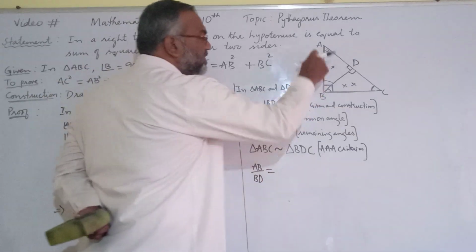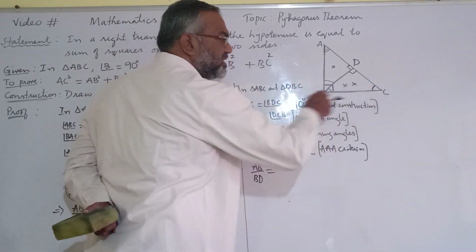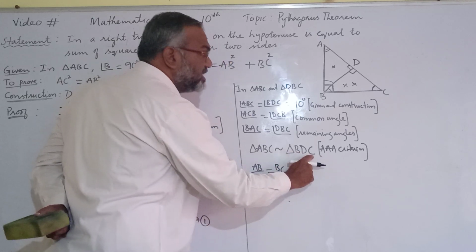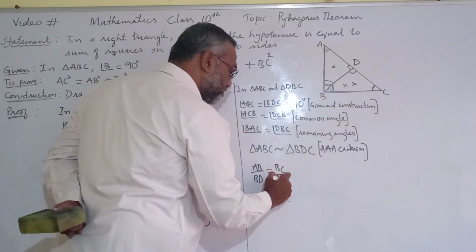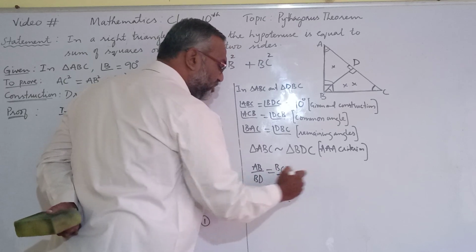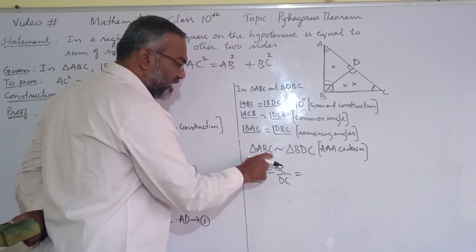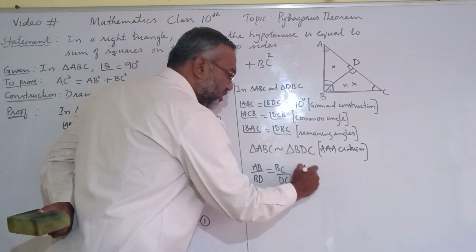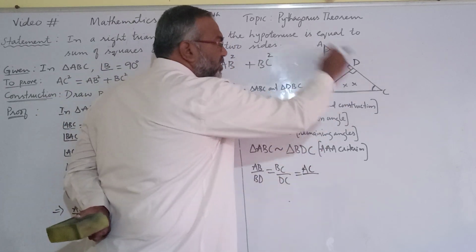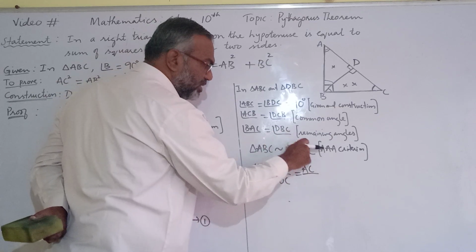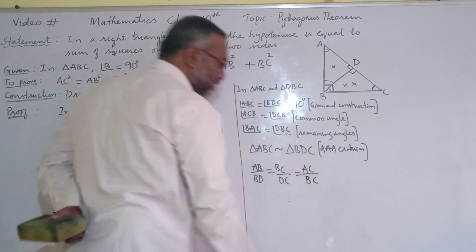Second and third letters, BC is one side. Second and third letter here, DC, BC divided by DC will be equal to, now take the first and last letter, AC. AC is one side, we know already, right? Here also take first and last letter, that will be BC, right?